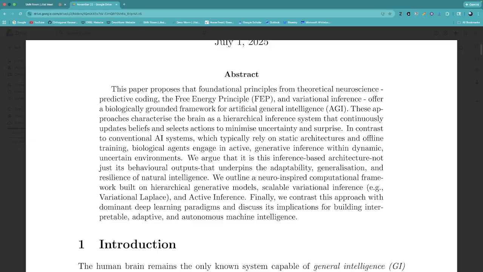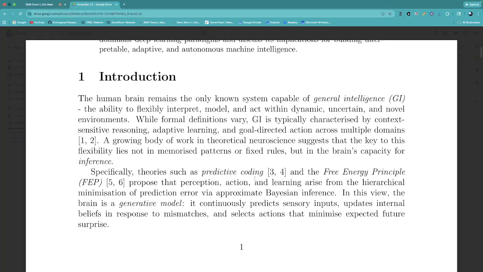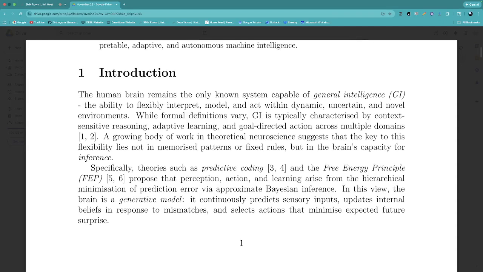So they basically go over predictive coding and the free energy principle. These theories propose that perception, action, and learning arise from the hierarchical minimization of prediction error via approximate Bayesian inference. In this view, the brain is a generative model.